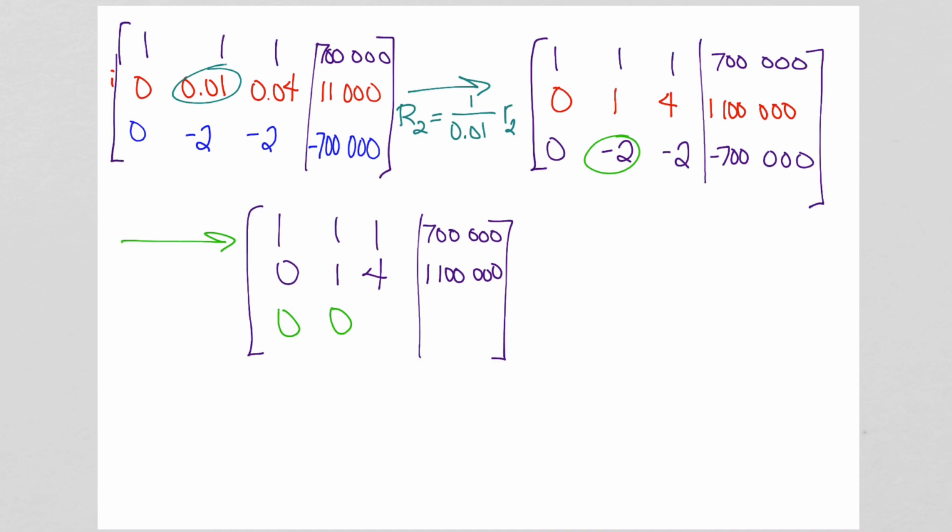So negative 2 plus 2 will give us 0. So for row 3, we're going to do 2 times row 2 plus row 3. That gives us 0, 0, 6, and then 1,500,000.